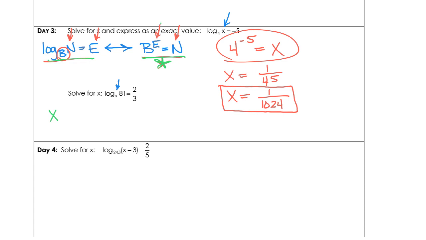Now in exponential, we need our exponent, which is what a log is equal to, which is 2/3. And then in exponential, we need the number, which in log form is right next to the subscript, which is 81. And so now we're going to look at this thing and say, can we solve for x? It looks a little bit easier than the form it was in.